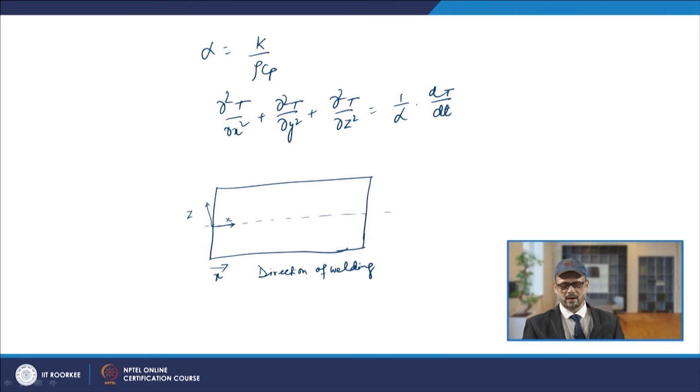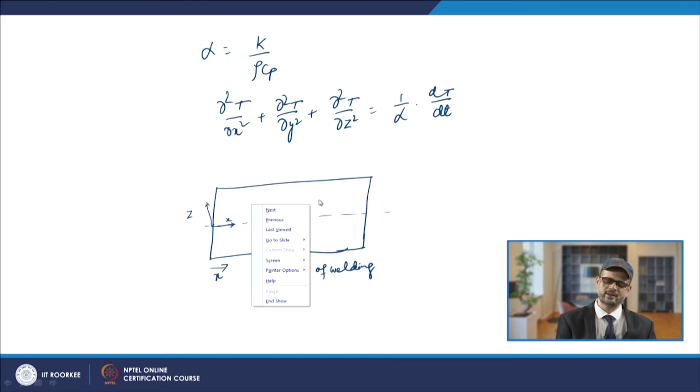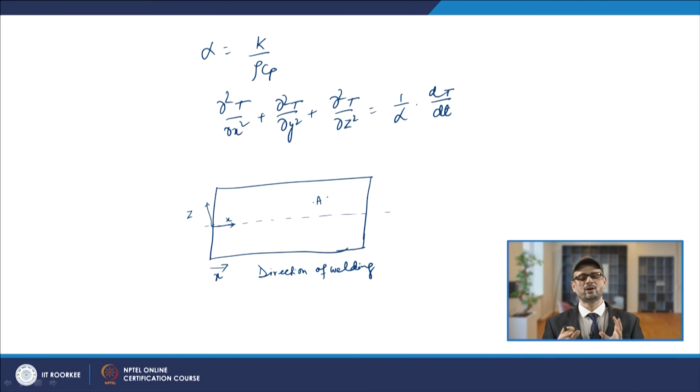So the arc which is at this point will be moving to another point at some point of time. If you want to find the temperature distribution at any point, suppose you take this point as A, with coordinates x, y, z.